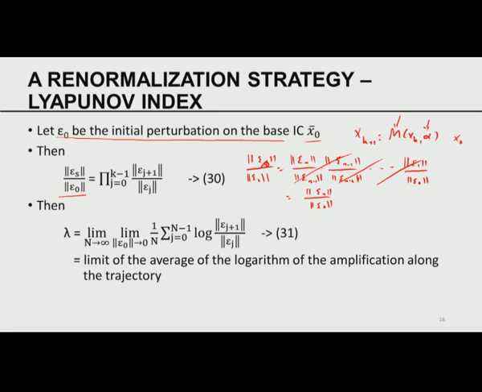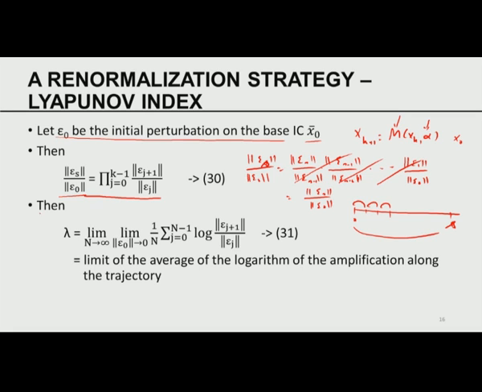Therefore, this ratio is equal to the product of the ratios between two successive times. I am interested in the ratios at two successive times. The product thereof gives you the ratio from epsilon s to epsilon naught. So you can readily see this product is given by this ratio.